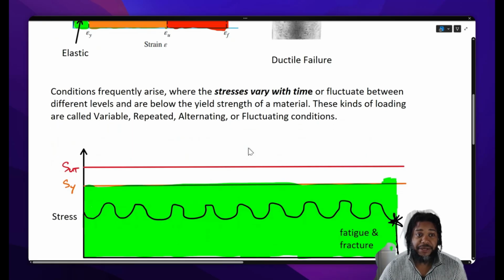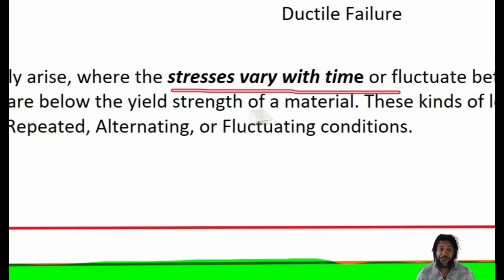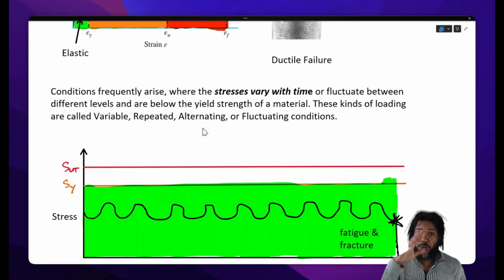Now, on the other hand, conditions frequently arise in real structures where stresses vary with time, where they fluctuate at different levels, and generally those stresses are well below the yield strength of the material. So these are elastic stresses. They should be recoverable.